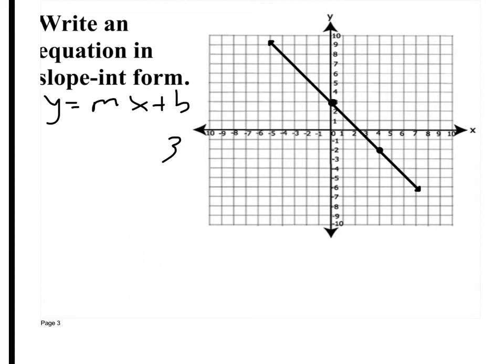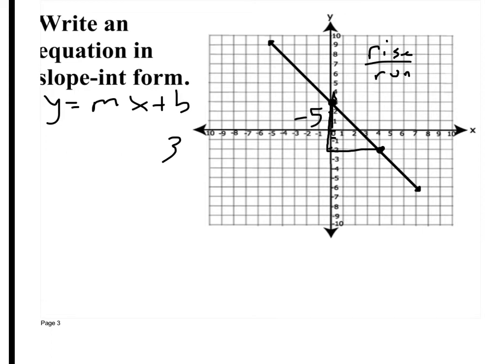Then what I do is identify the slope. So I find a point on this line, which here's a point. Okay? And I figure out the rise over the run. How far down did this go when it went from left to right? Well, let's count. 1, 2, 3, 4, 5. How far to the right did it go?